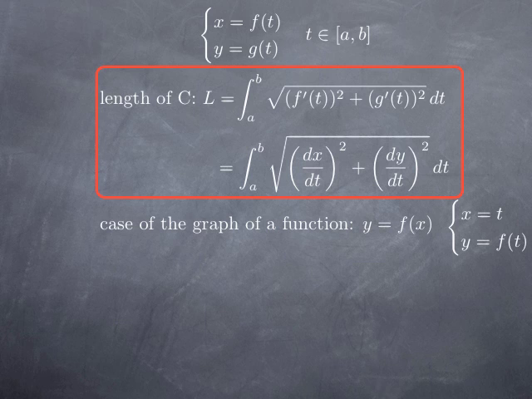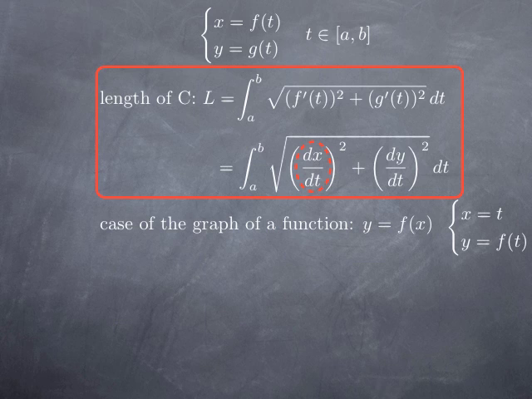And the parameter t here, of course, if we're looking at the piece of the graph that lies above the interval where x is between a and b, that means t, which is the same as x, is also between a and b. So if we apply this formula, the length of the corresponding part is going to be given by this integral from a to b of square root of the sum of the squares of the derivatives of x and y.